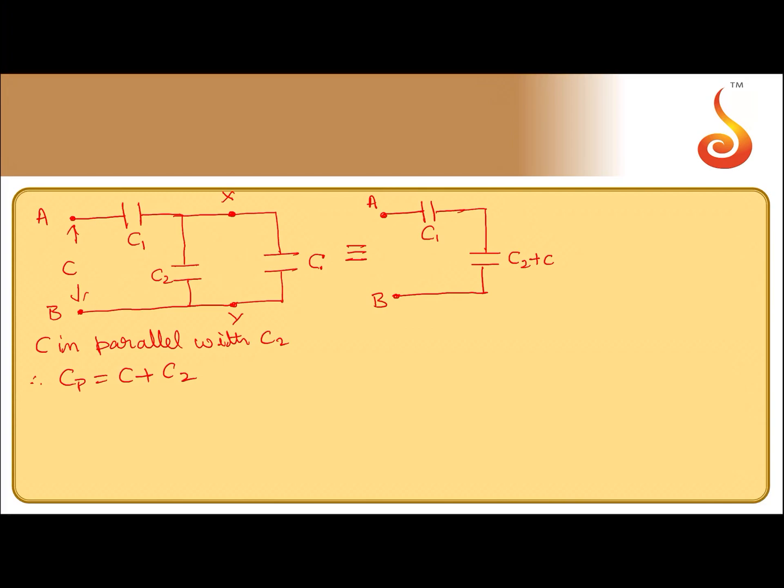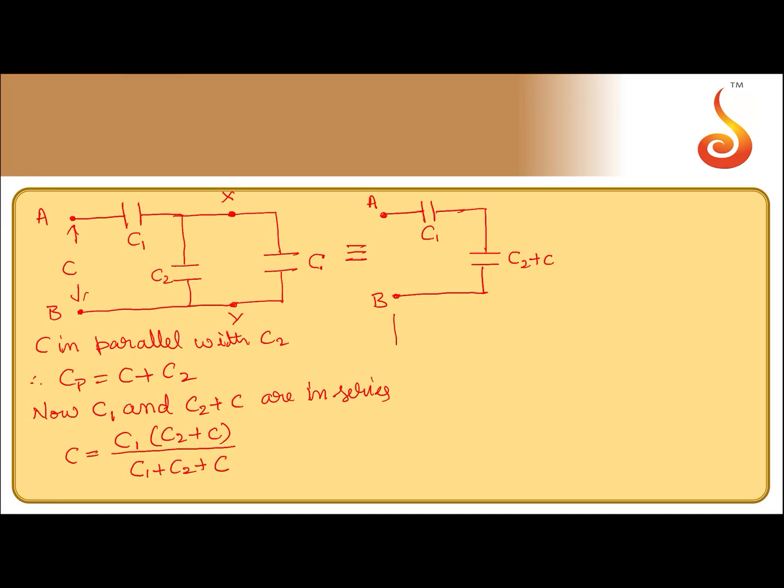Now, C1 and C2 plus C are in series. So, we get equivalent capacitance C is equal to C1 into C2 plus C divided by C1 plus C2 plus C.